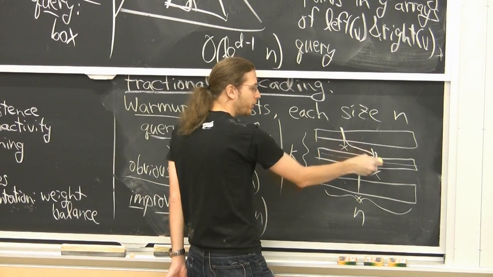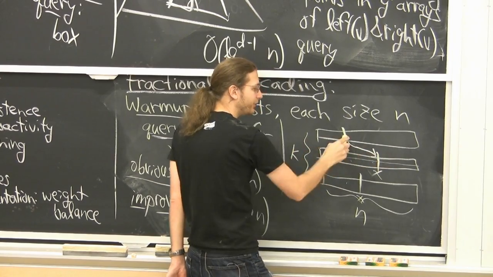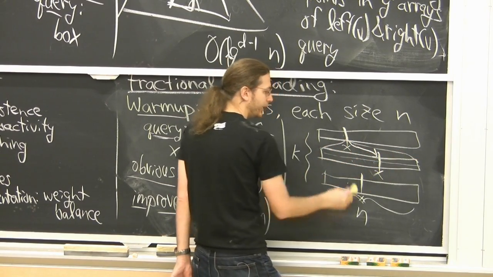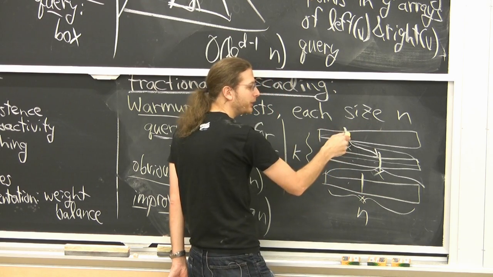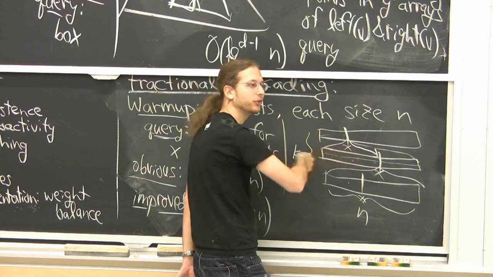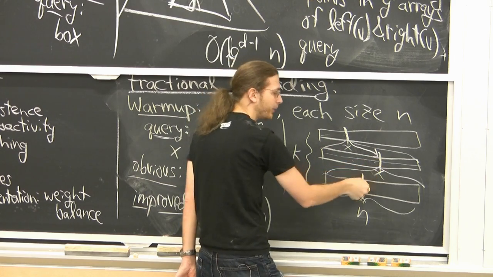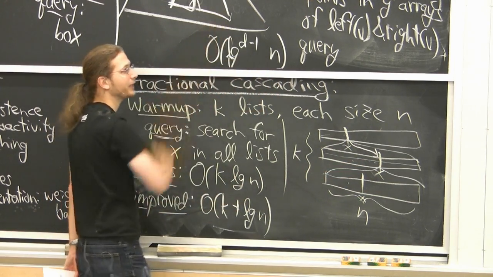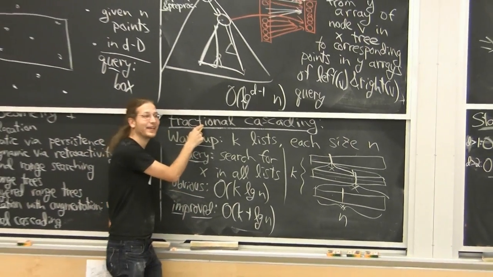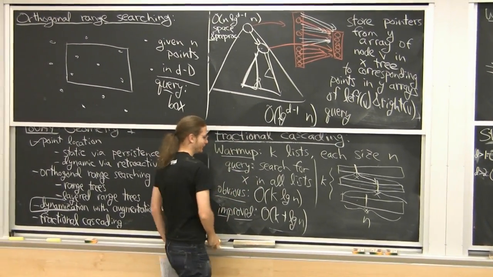And so how do I know where to go in this giant list? If these all fit in here, and recursively these all fit in here, then by searching up here, I learn nothing about where x fits in here. I have to do another search, and then I learn nothing about where x fits in the next one. So it doesn't work straight up. But if we combine this idea with fractional cascading, then we can do it.